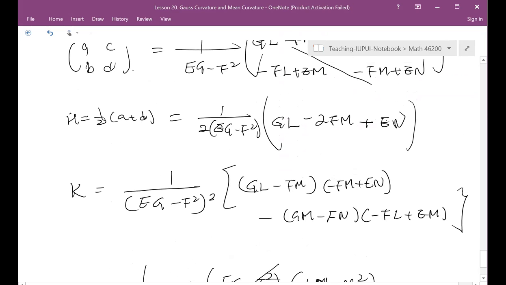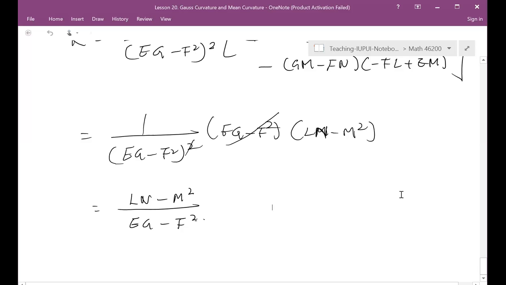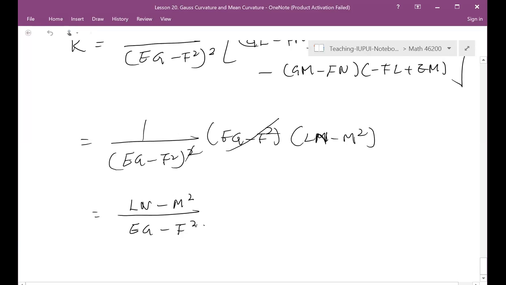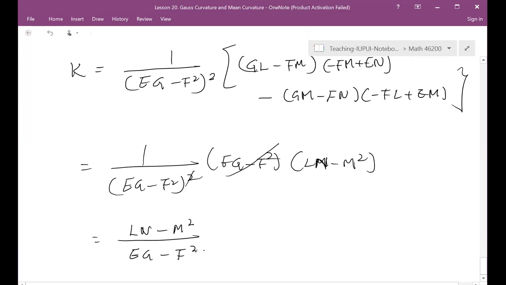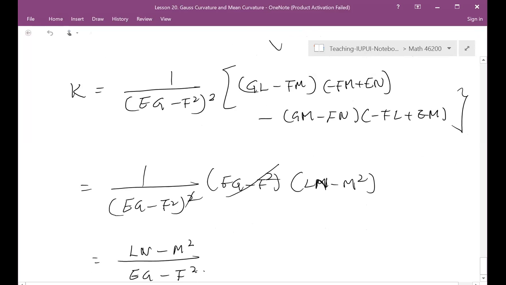If you know the mean curvature, the normal curvature, and you know the coefficients of the second fundamental form, then you see that you can use the coefficients of the first fundamental form and the second fundamental form. You can compare the K and H.